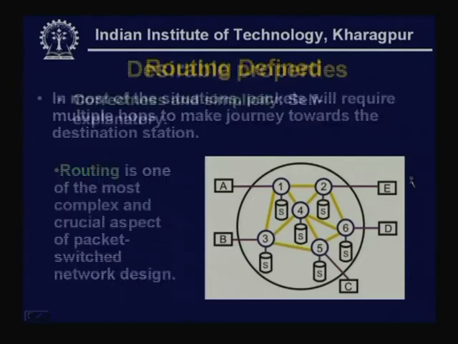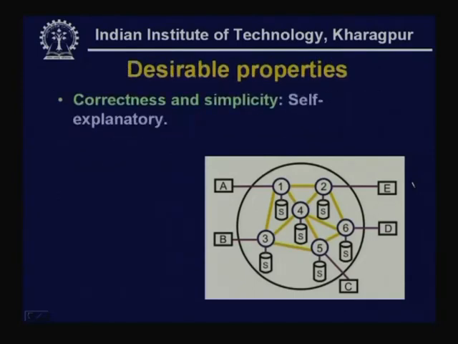Now, let us see what are the desirable properties of routing. We want the routing algorithm to deliver a packet from a source to a destination. The first two important properties are correctness and simplicity. These two terms are self-explanatory.